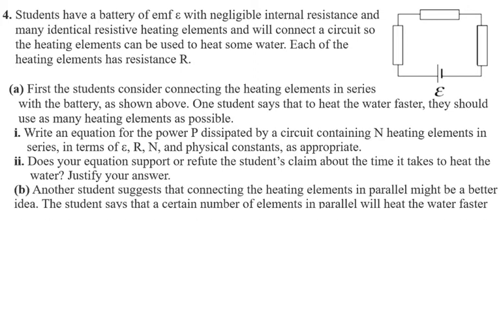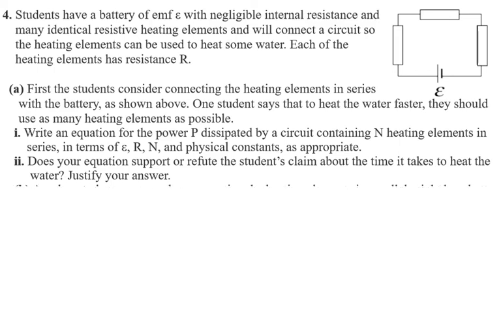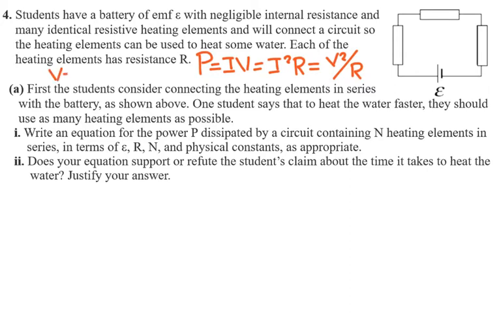So if there are n elements in a circuit, then we know how to calculate the power. The power formula states that the power is equal to I times V, or I squared R, or V squared over R. If I use Ohm's law, V is equal to IR, and replace my I or V in the formula, I will get the last two formulas.